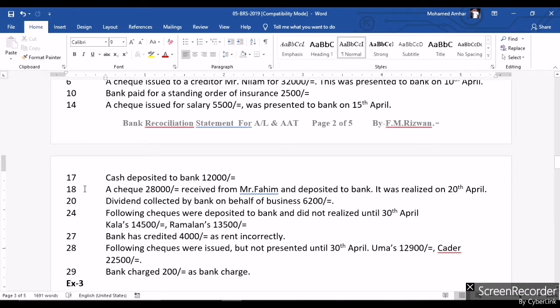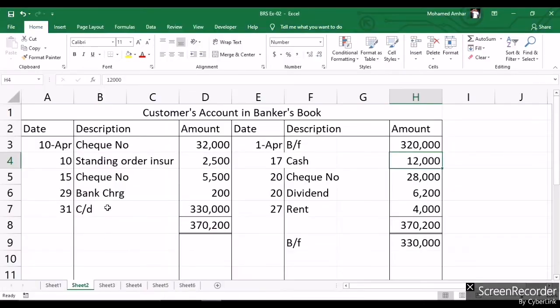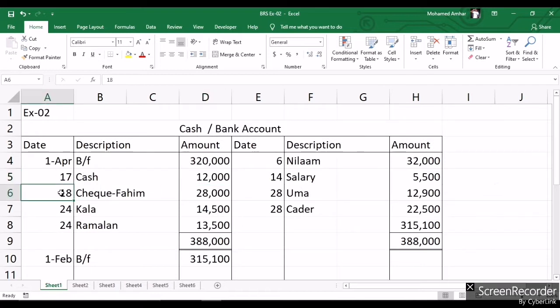Next date is 18. A check for 28,000 received from Mr. Fahim and deposited to bank. Right. So on 18th here a check is received from Fahim, 28,000.